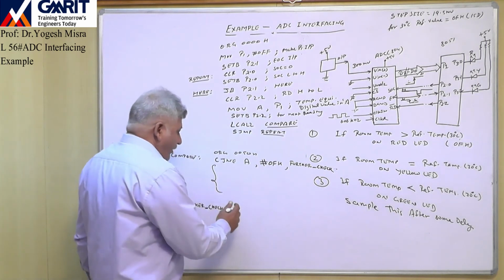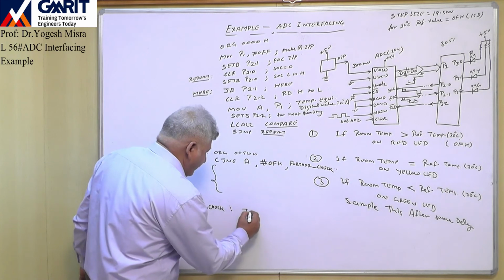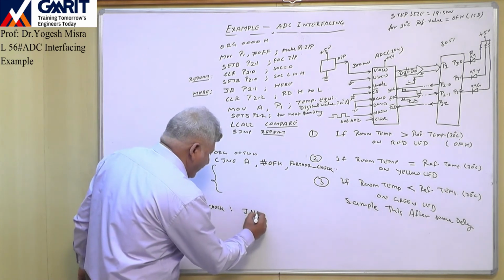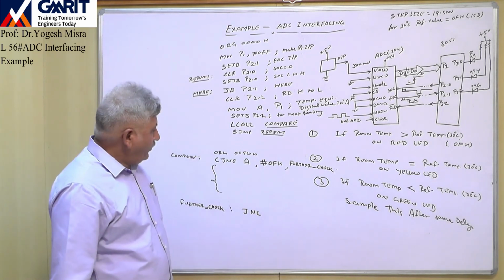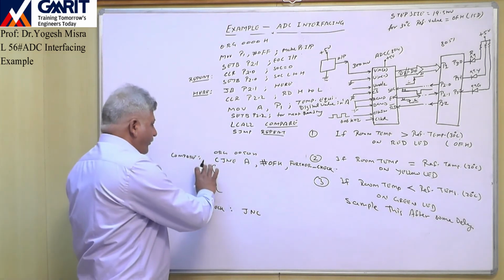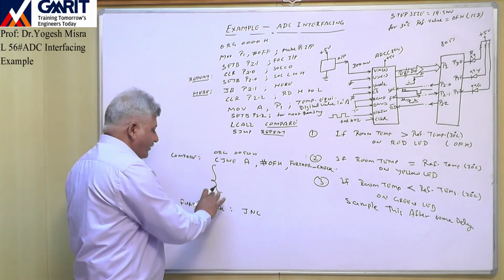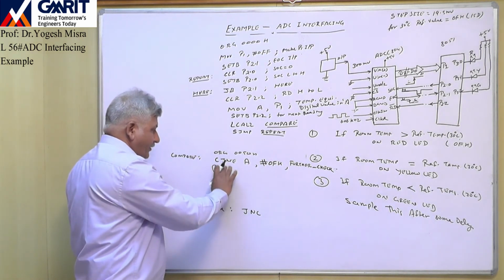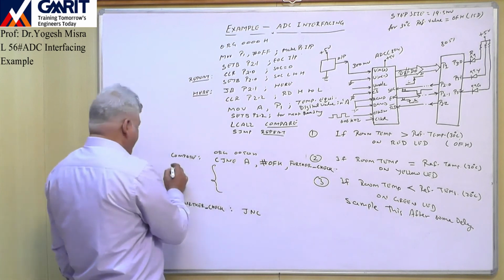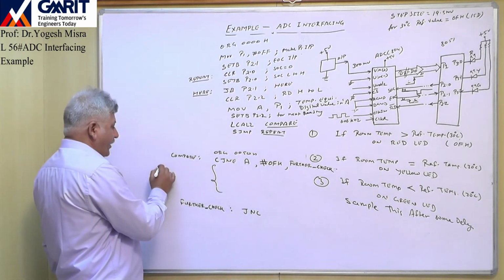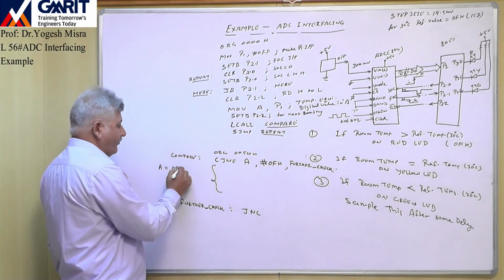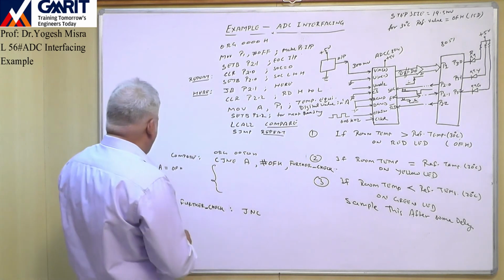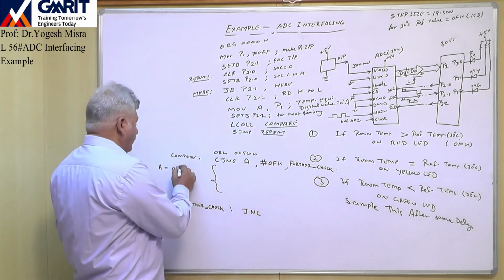Now here I will use the instruction jump no carry. So first we will see that whatever instructions I write here will be executed if A is equal to 0F.